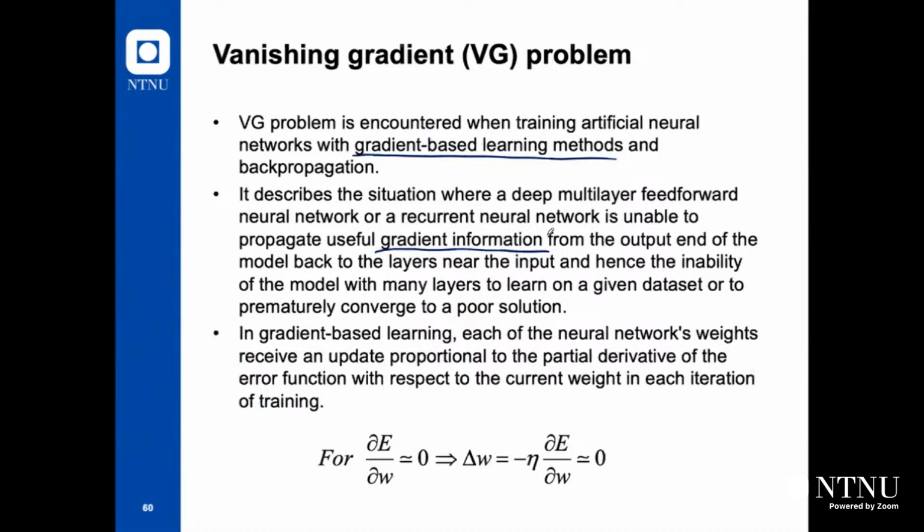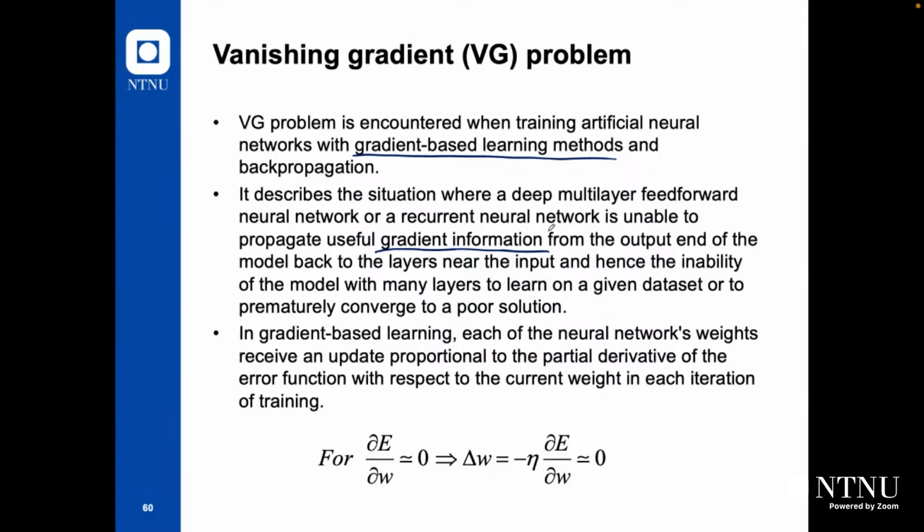This gradient information will be very, very small from the output to the input end, right? Because we try to propagate it from the output end of the model to layers near the input. And if this gradient becomes very, very small, those layers closer to the input will not be able to adjust weights, and will not be able to learn from my data sets.